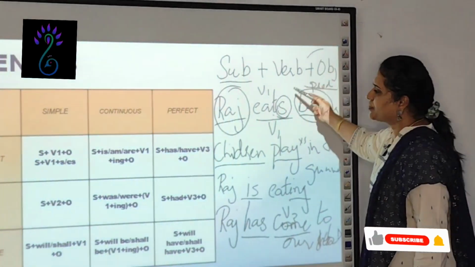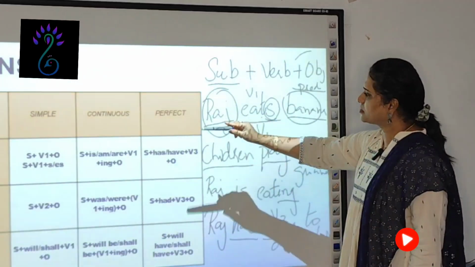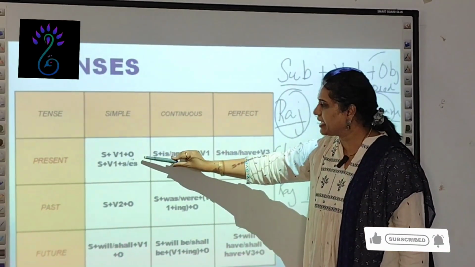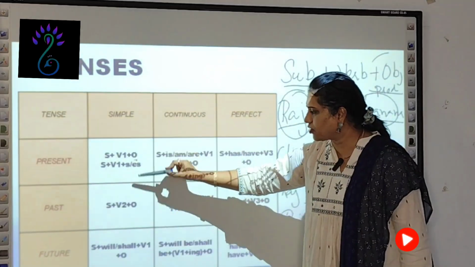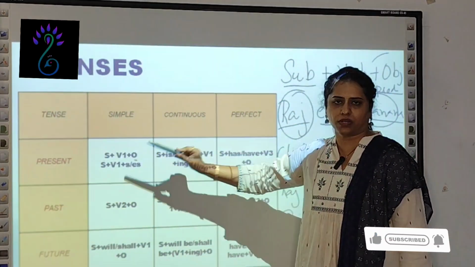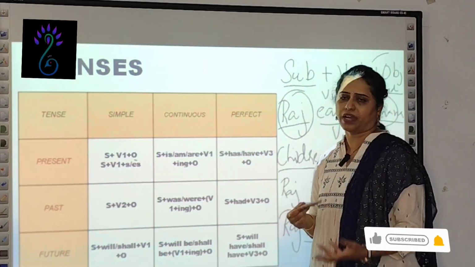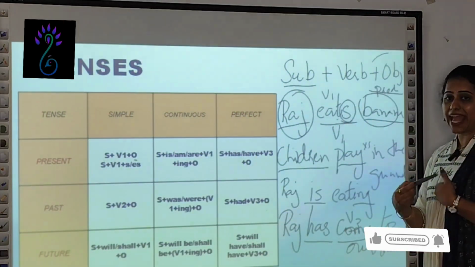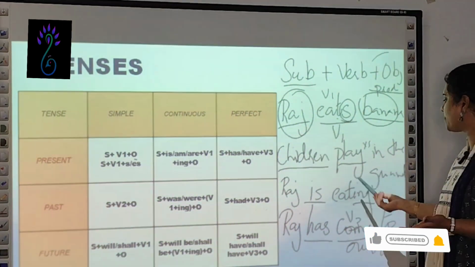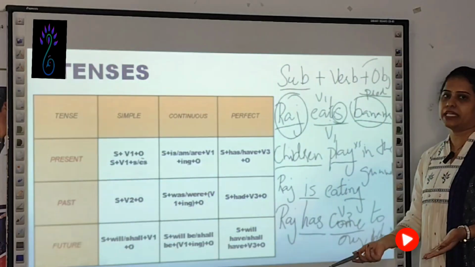This is about present tense. Look at this: subject, V1 form, and object. If you write an object, or you don't write an object also, subject plus V1 form. Continuous: subject plus is or am. For I use am. I am eating banana. Girls are playing in the ground.